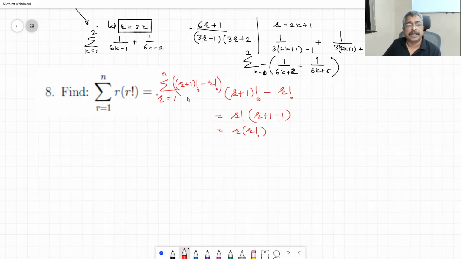That is the telescopic setup. However, it is bigger term minus smaller term. Therefore, the bigger index will go with the bigger term, n plus 1 factorial minus 1 factorial is the answer. n plus 1 factorial minus 1.